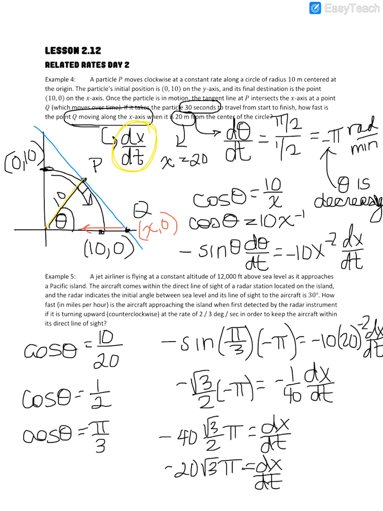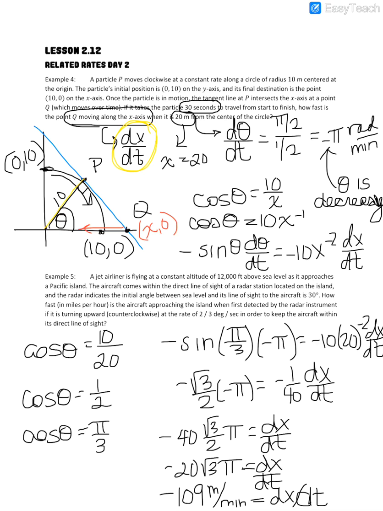If I put that into my calculator, or even on your phone, you can do that if you turn your phone sideways, negative 20 times radical 3 times pi, it gives me negative 109 meters per minute. That is how fast our point Q is traveling along the x-axis.